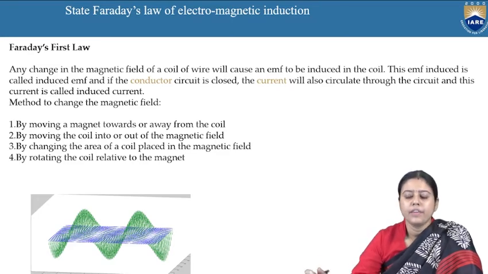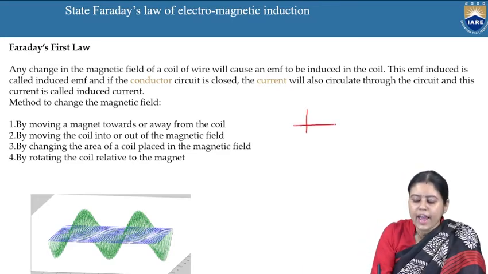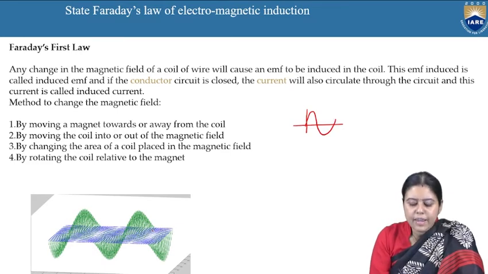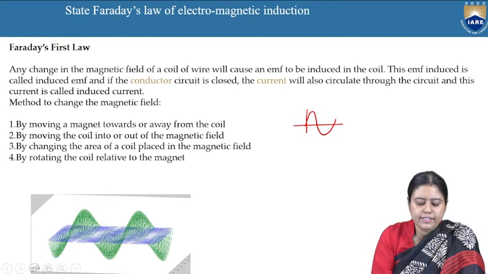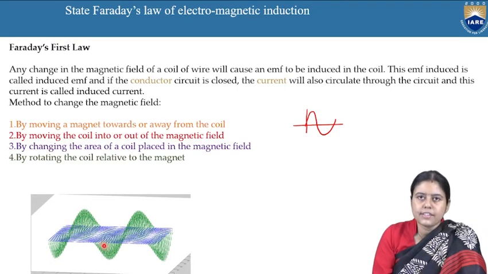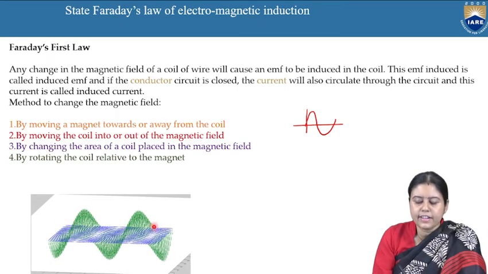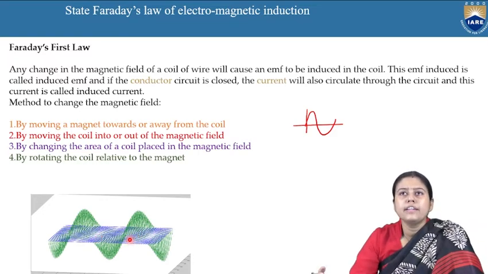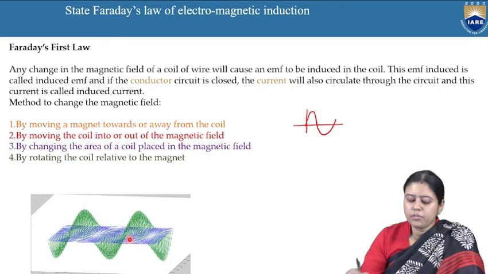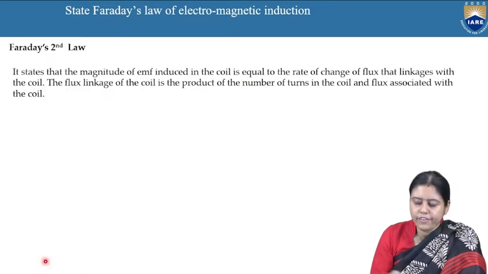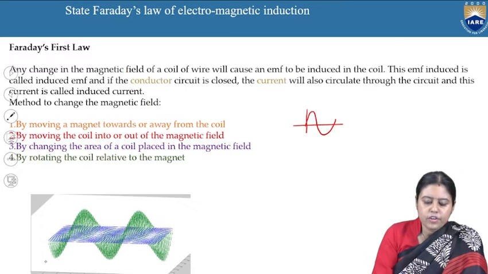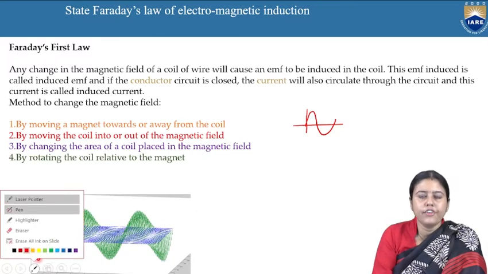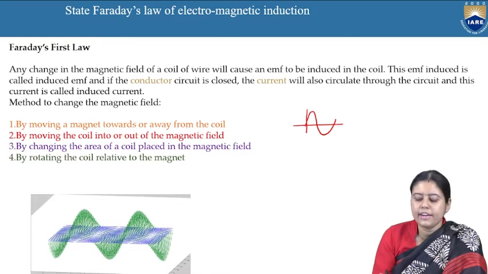What does it mean? If there is a time varying field, you can see here the green one is the time varying current, and as a result the blue one is the time varying field. Now if it is changing, it will create some magnetic field, and this magnetic field is also time varying in nature.